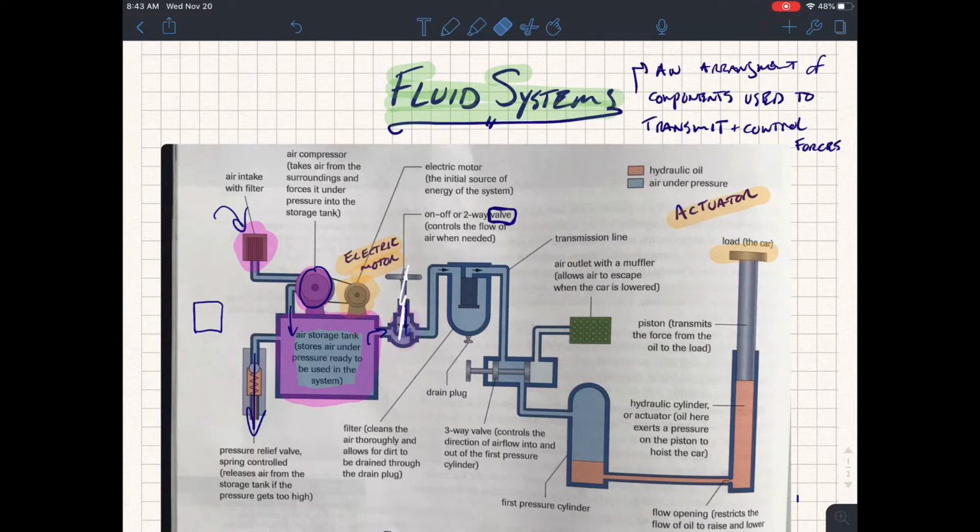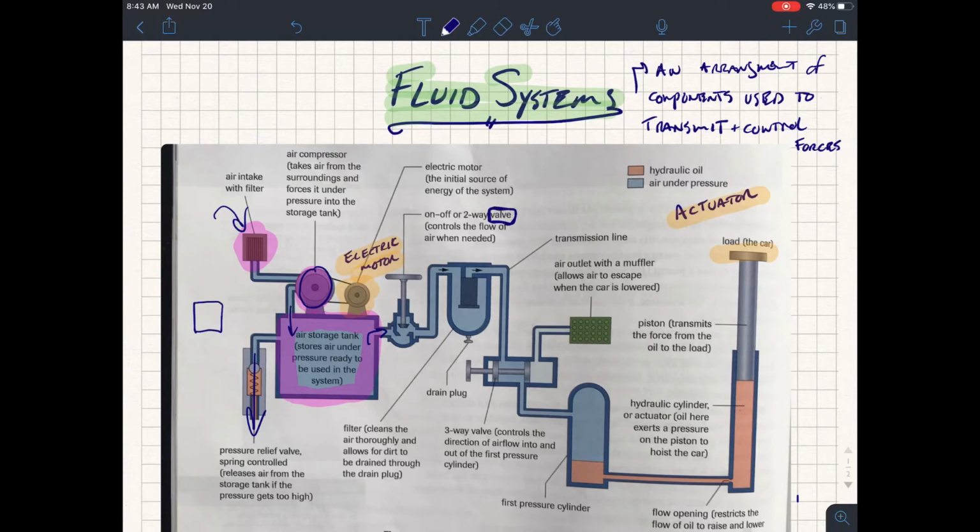Valves are extremely important parts of pneumatic systems. They control fluid systems, and you can see that this is a two-way valve. It's an on and off two-way valve, which means there are two possible positions for the valve to have, on or off.